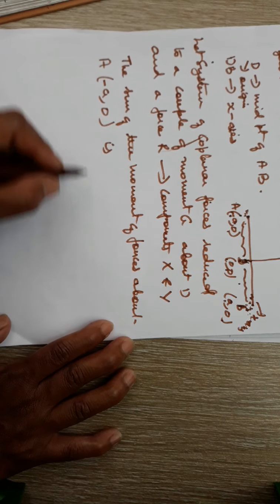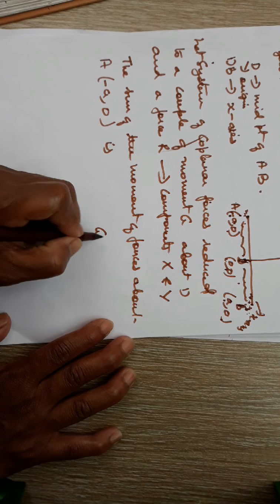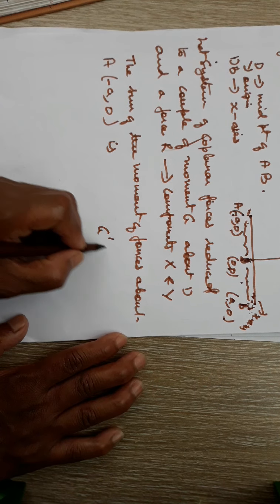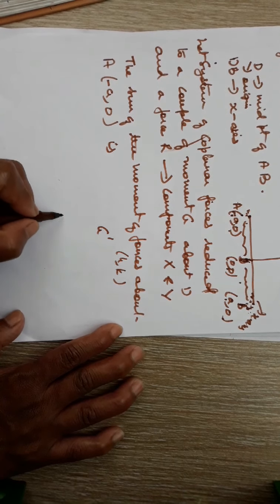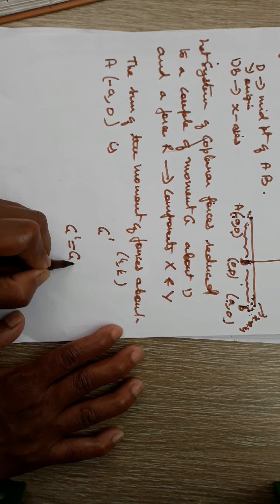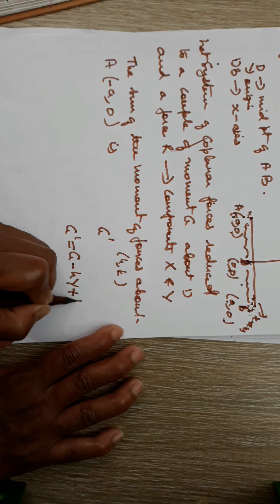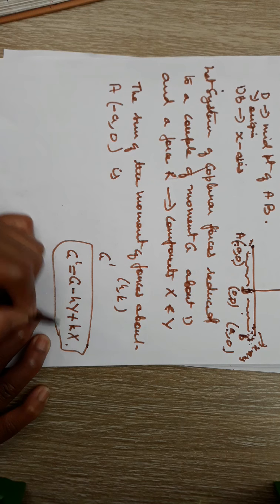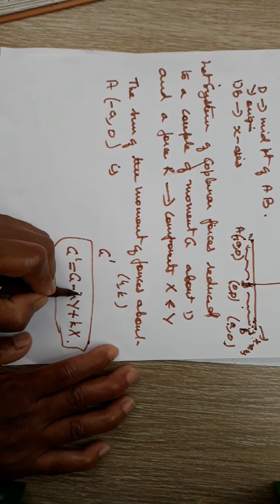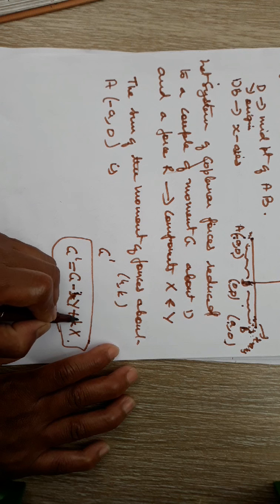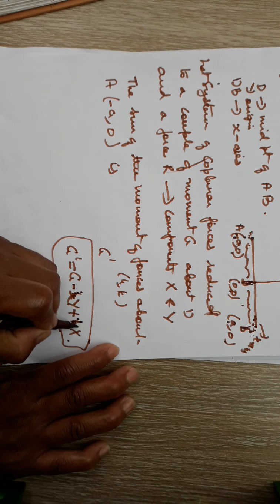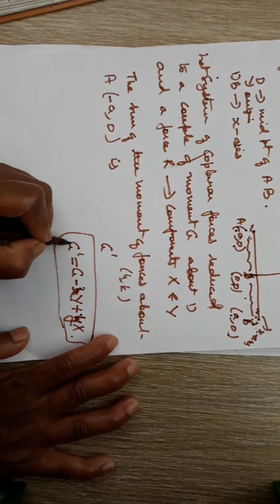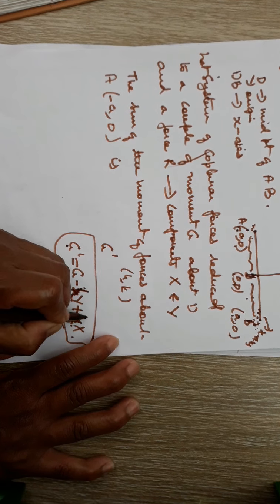The sum of the moments of the forces about a point G' whose coordinates are (h, k) is given by G' = G - hY + kX. You have to remember this formula about the point (h, k). Here h and k are small, and Y is capital Y. In general it is given to be this.